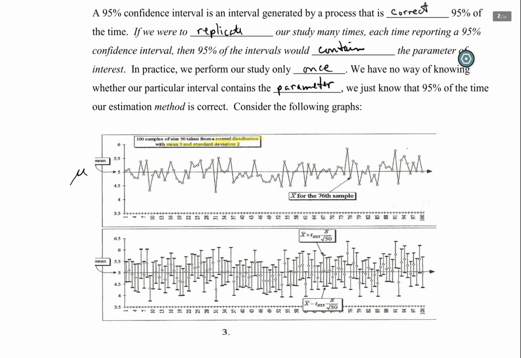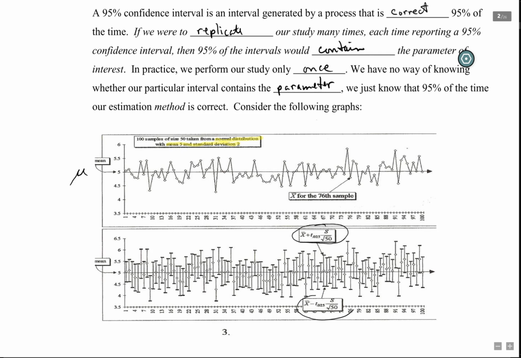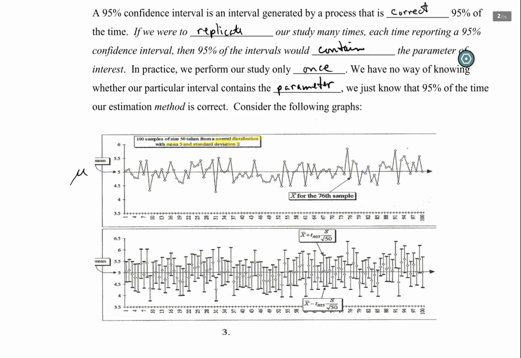Some are closer to mu than others, and so what's being done in the second graph below is the corresponding confidence interval. Here's the formula for that. We'll talk about where it comes from later: x bar plus a t percentile times s over root 50, and x bar minus a t percentile times s over root 50. We're just taking x bar and adding and subtracting some stuff to get a lower and upper bound.